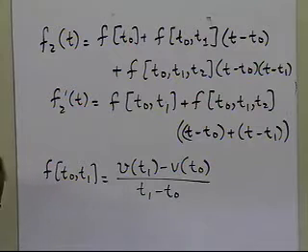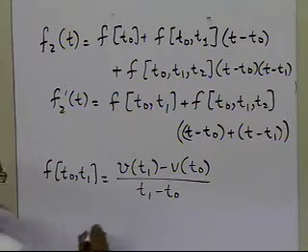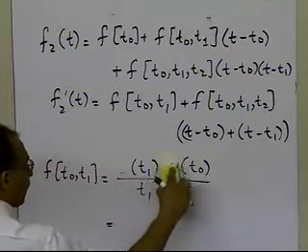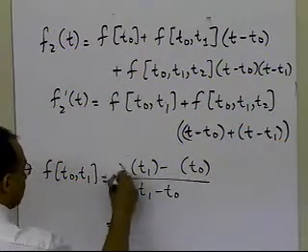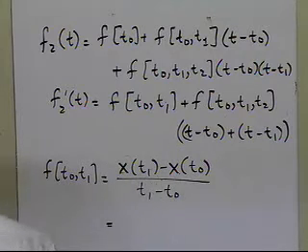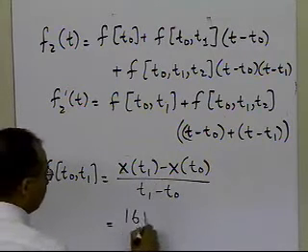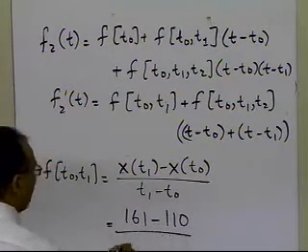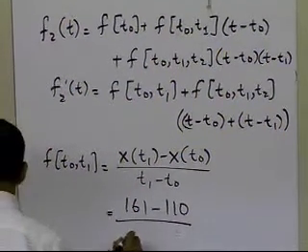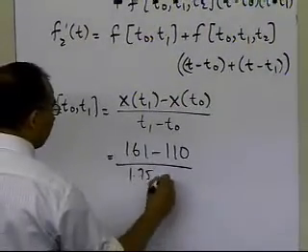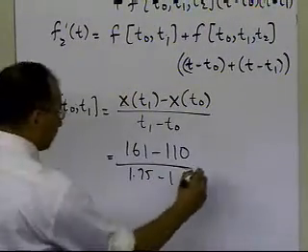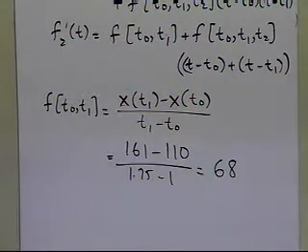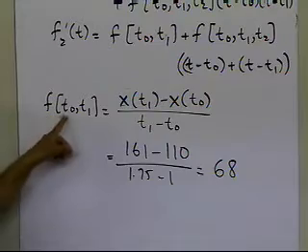So this turns out to be, not velocity but location: the location at t1 is 161, the location at t0 is 110, divided by 1.75 minus 1, and this number turns out to be 68. That's the divided difference of f with t0 and t1.